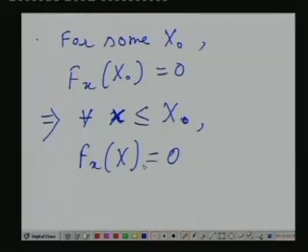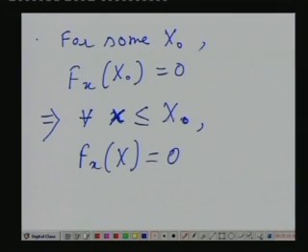Again, this comes from the previous two theorems, that firstly F_X of minus infinity is 0, and the probability distribution function is a non-decreasing function.